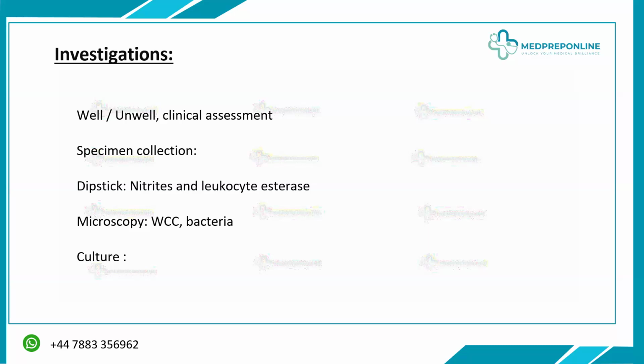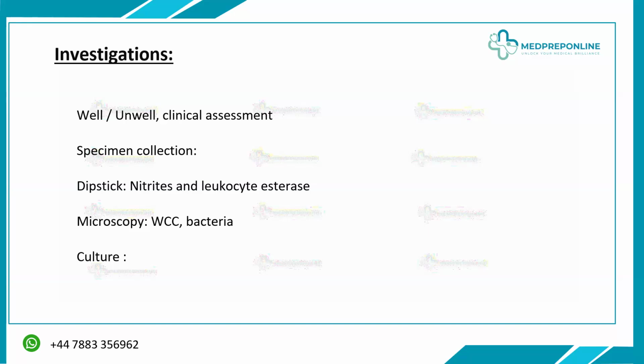So that is the scenario in unwell condition. But in case of a well child who is not having any signs or symptoms suggestive of pyelonephritis, you will only take the urine for dipstick, and then urine would be sent for microscopy and culture if needed.